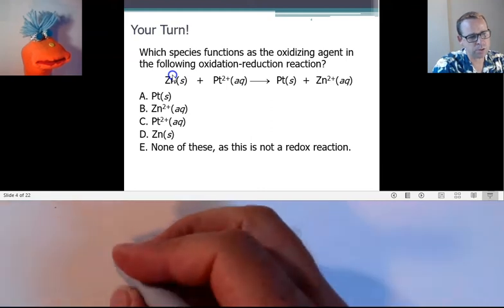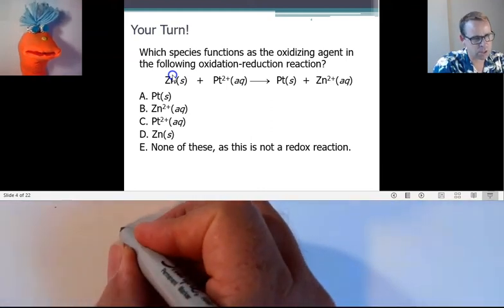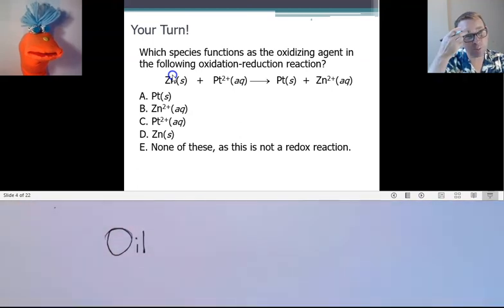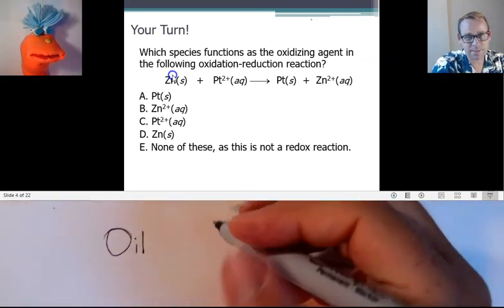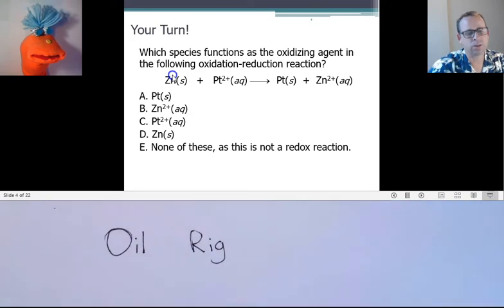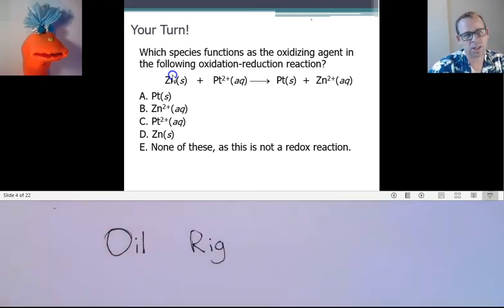So I'm going to introduce to you some methods that we sometimes use in chemistry to remind ourselves that oxidation is loss. It's a little mnemonic device that says OIL, right? Oxidation Is Loss, Reduction Is Gain. So OIL RIG, the little phrase there, helps us remember that oxidation is loss of electrons and reduction is gain.